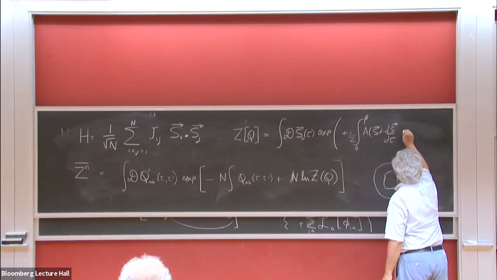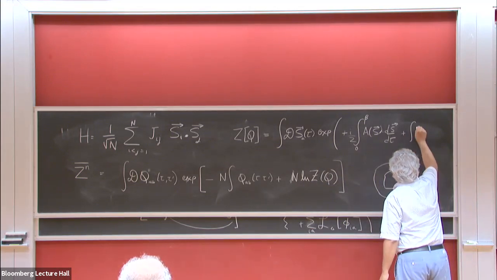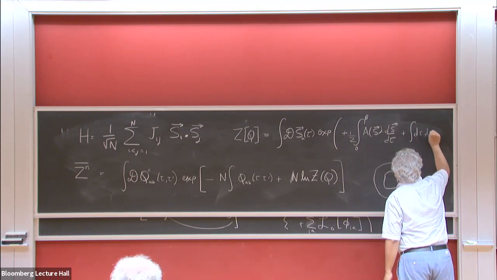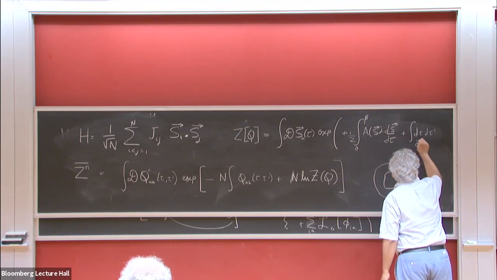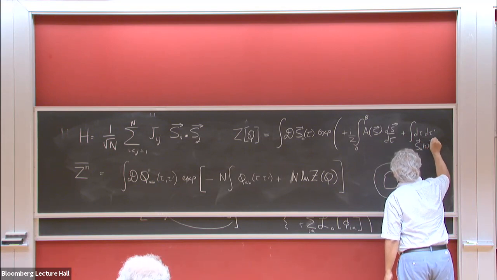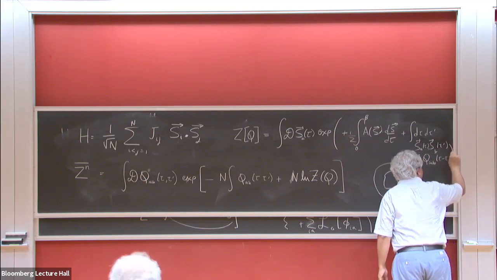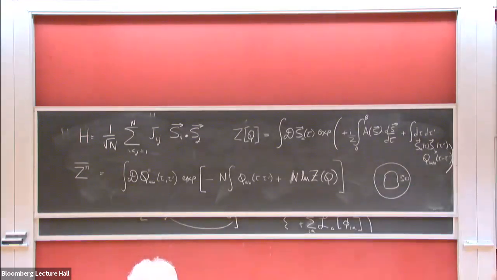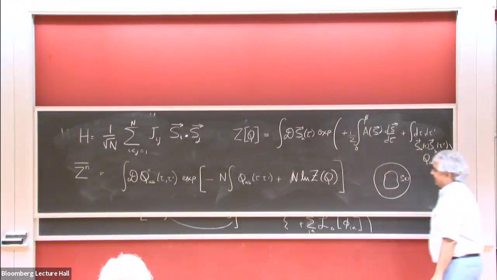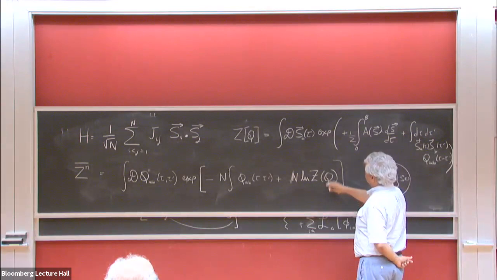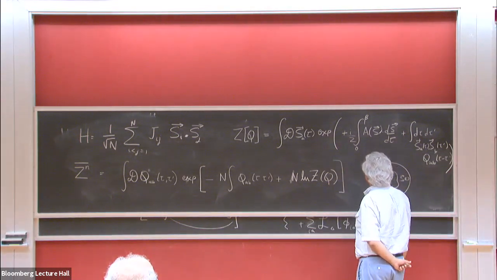And then there's a term just like the one we had before, which would be integral d tau d tau prime, S_A of tau dotted into S_B of tau prime, times Q_AB of tau minus tau prime. So exactly the same structure as the model we looked at before, except the on-site problem is very different.